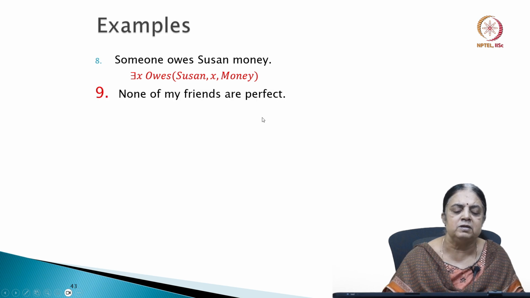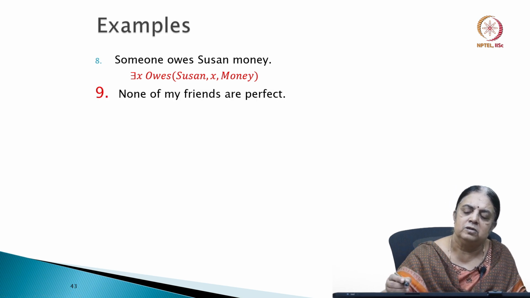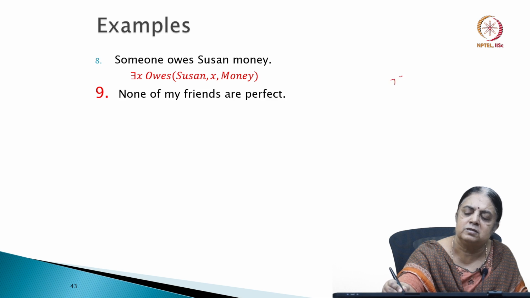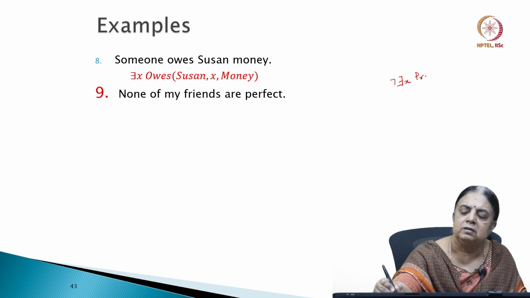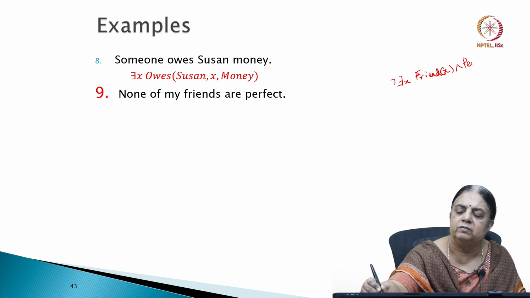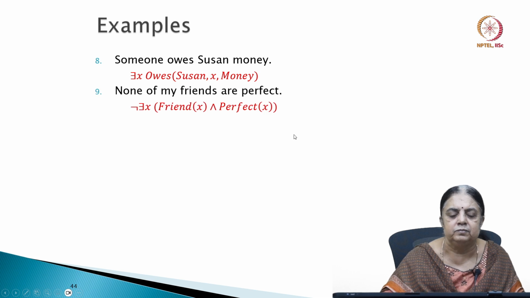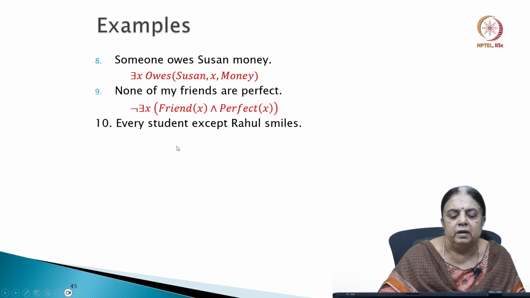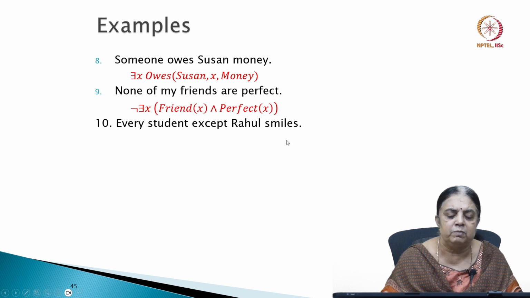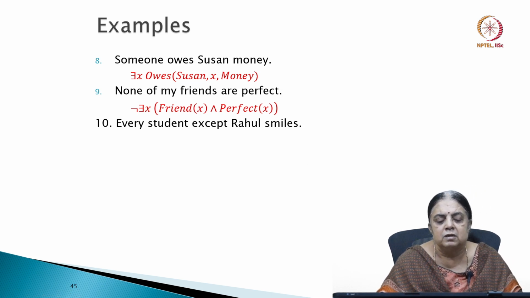None of my friends are perfect. So there does not exist any X, friend X and perfect X. Every student except Rahul smiles. How would we represent this?